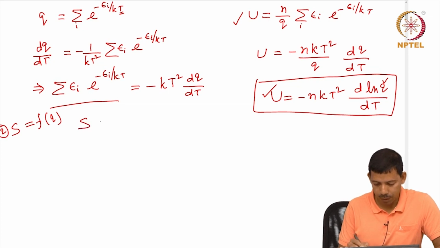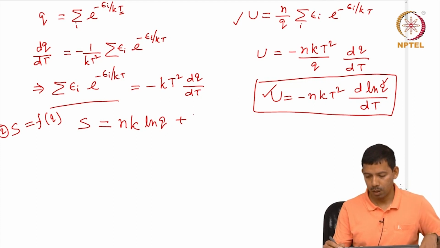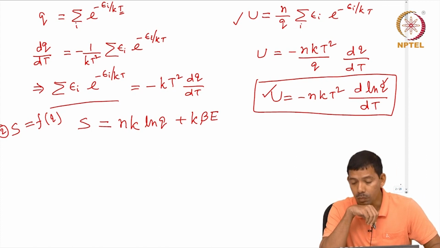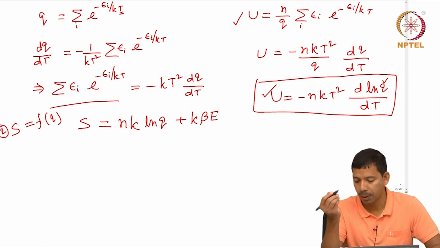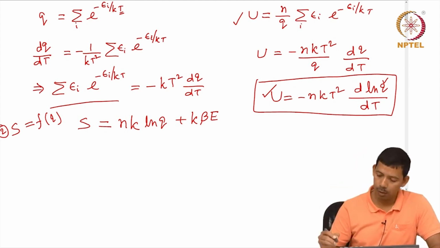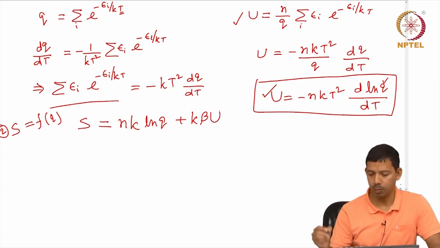We wrote S equal to nk ln q, plus k beta E. This is the expression we had written before. Now, again, if we assume that there is no external force on the system and the total energy of the system is nothing but the internal energy, we can replace this E with U.